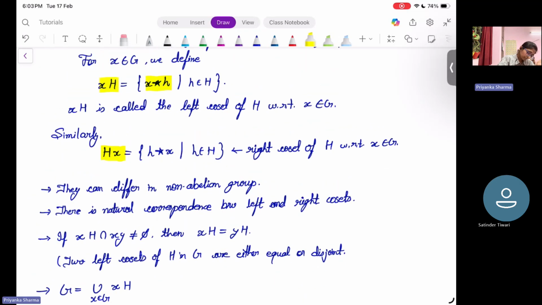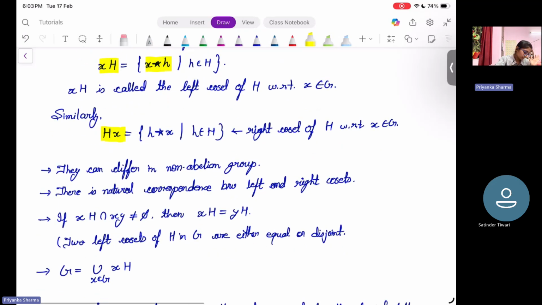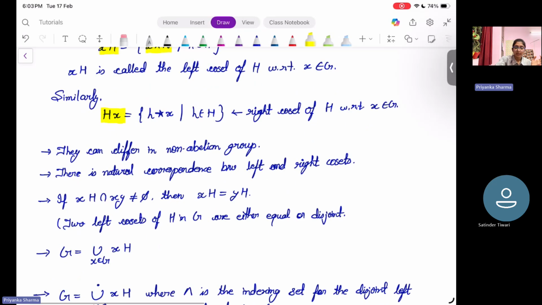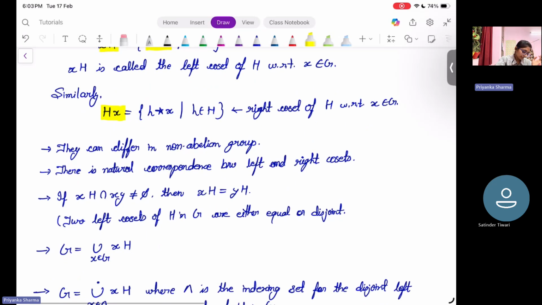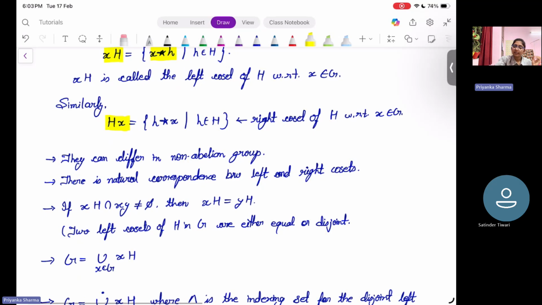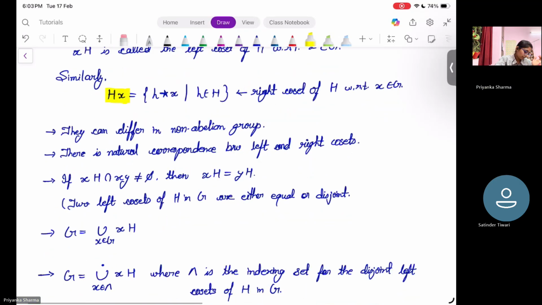Obviously, the left and right cosets of a subgroup H in a group G with respect to some element x belonging to G will differ if we have a non-abelian group. So xH and Hx, the left coset and right coset of H with respect to x, in general differ, but we will have a one-to-one correspondence between them.